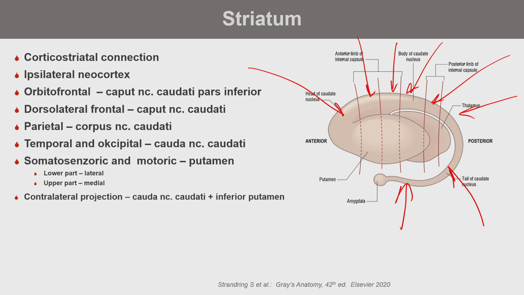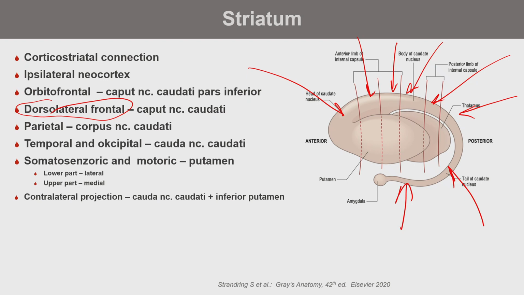Then also from the regions where the motor centers are. So this is the dorsolateral frontal cortex. From the parietal lobe, this is to the corpus of the nucleus caudatus. And temporal and occipital lobes have connections with the cauda.